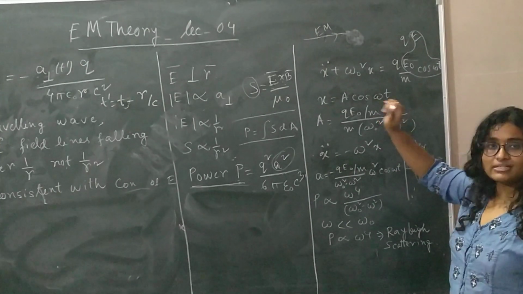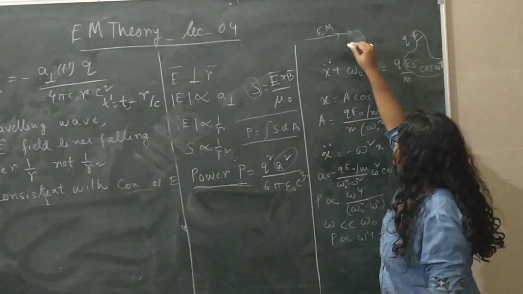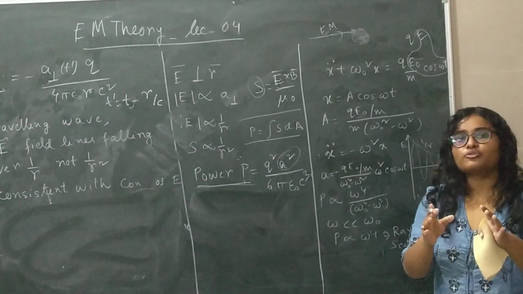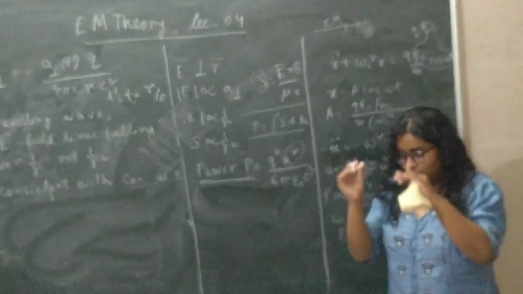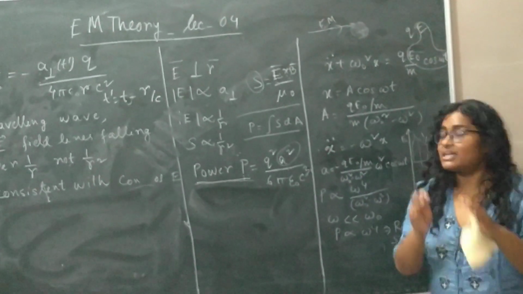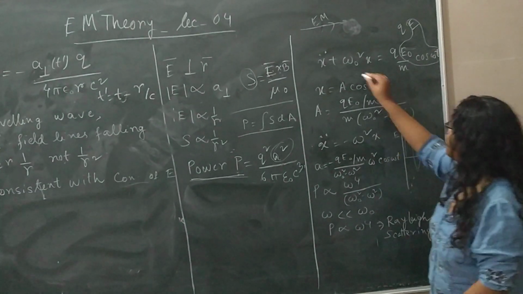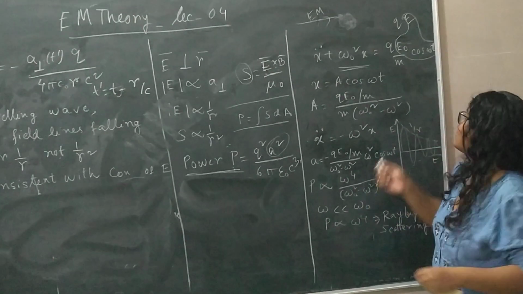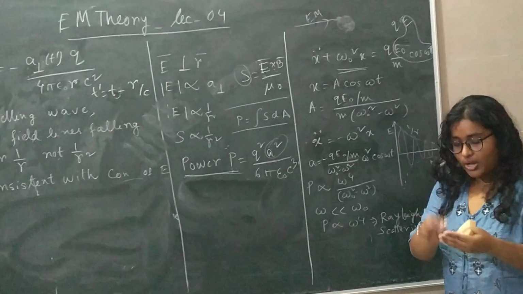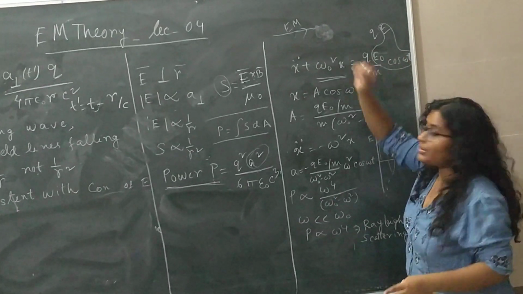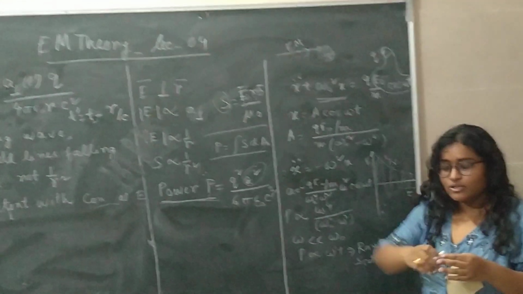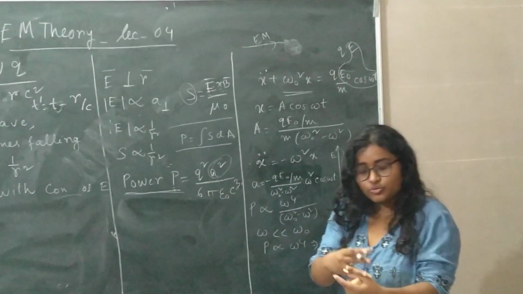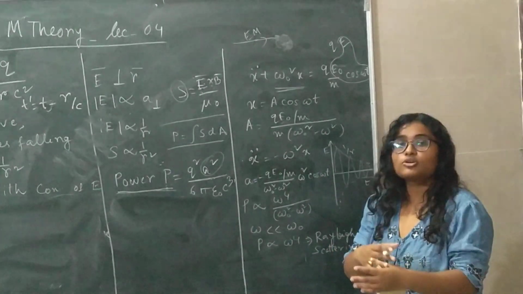And because it is bound to the atom or molecule, there will be a Coulomb force which will try to get it back to its position. That is a restoring force, meaning it has a natural frequency. So one force, the electromagnetic force, makes it go away, and another, the Coulomb force, gets it closer.